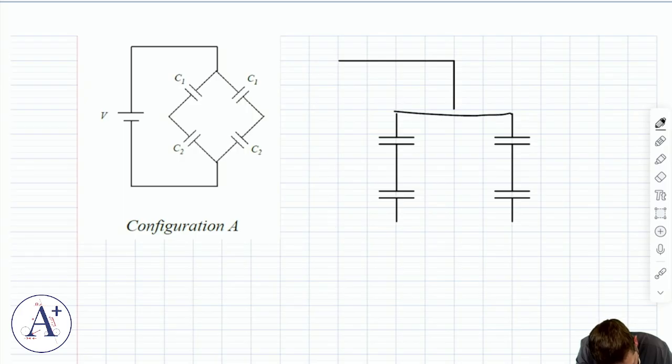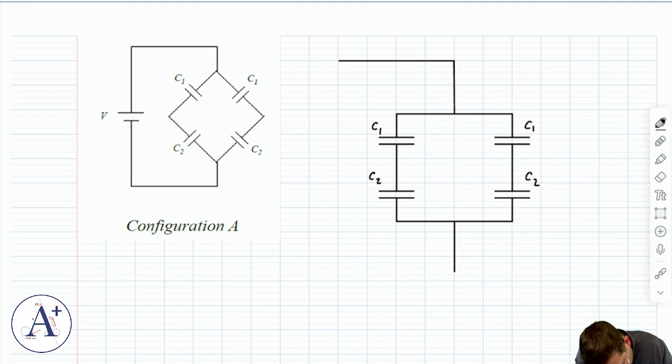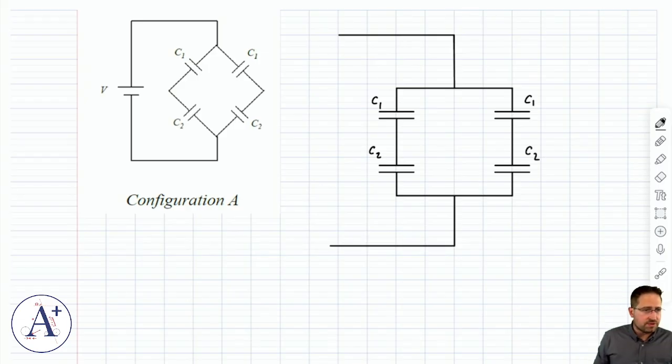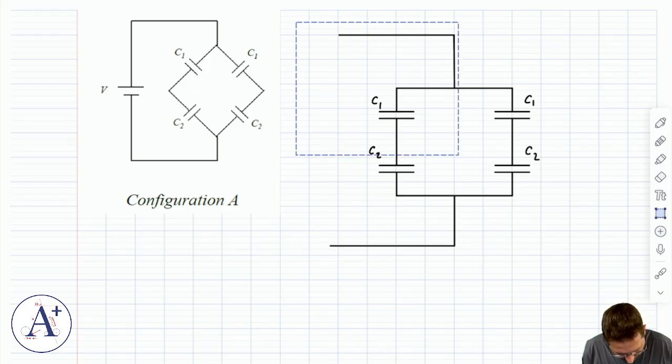Okay, and I'd say, what we have on the left is the same thing as this. It's the exact same thing. All right, so this is C1, and this is C2, and this is C1, and this is C2. There we go. No difference.